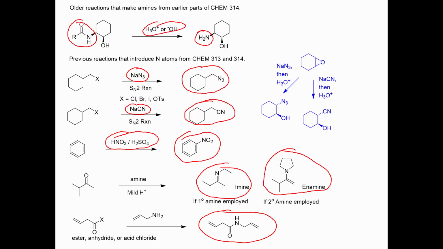So these top two reactions here, the halide reacting with sodium azide or sodium cyanide, could just as easily occur with an epoxide. If this epoxide, cyclohexene oxide, were treated with sodium azide, then a pH adjustment, we would get the azide, and this is a nucleophilic epoxide ring opening, so it would produce the trans alcohol azide.